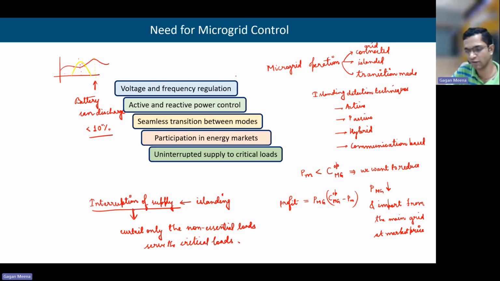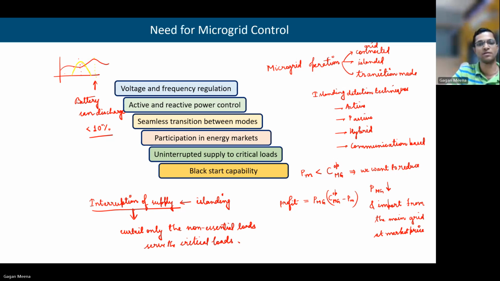The microgrid controller should have this inbuilt within its control scheme, that the critical loads need to be served at any cost. Unless it's a very emergency situation where the battery is also fully discharged and there is no power. That's a different case. But the microgrid would be designed in such a way that it will be able to operate the critical loads always.